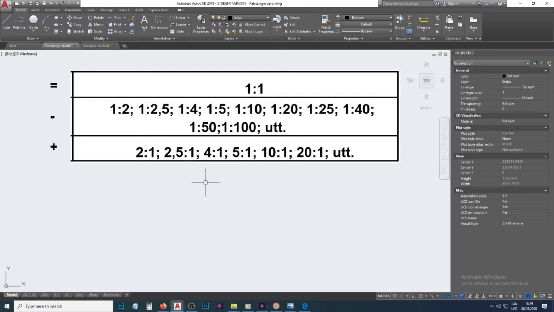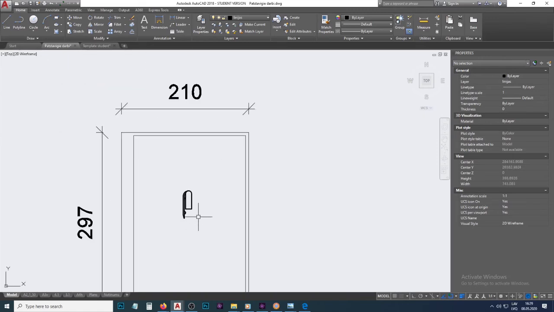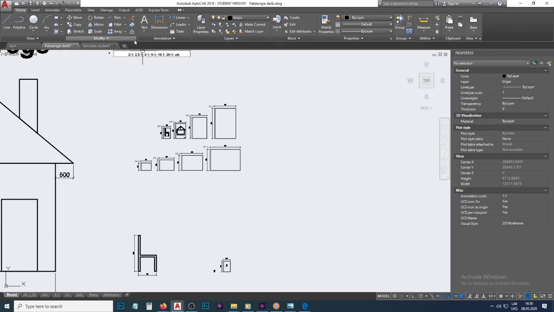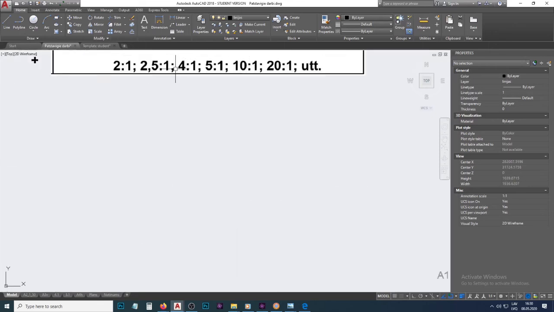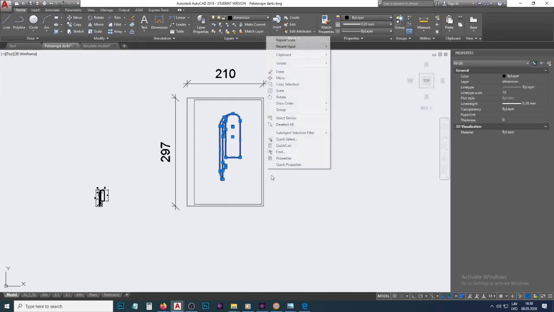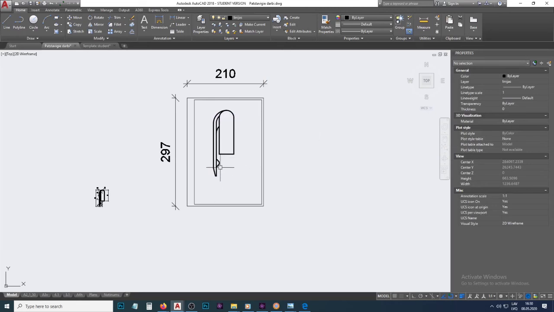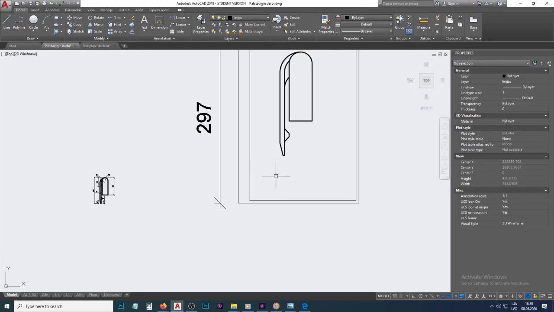So we should use multiply scale, and let's think, if we will make this pen cup twice bigger, it will be something like that. Let's try to make it 4 times bigger, 4 to 1, like that. It looks good, and we have space for placing measures and for our drawing frame.